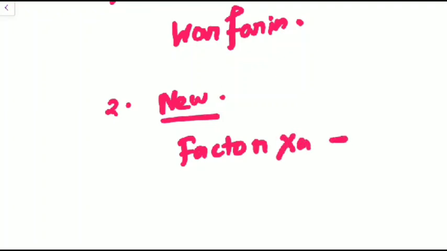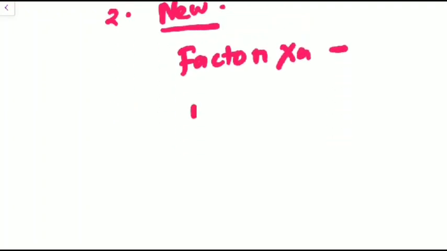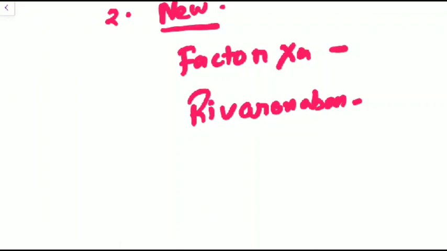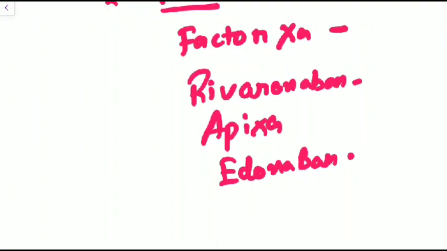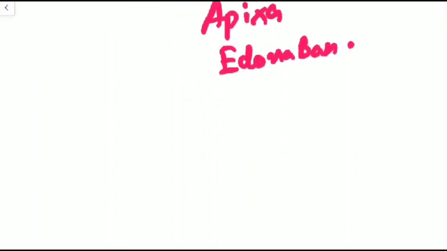Examples are rivaroxaban, apixaban, edoxaban. So you know that the parenteral factor 10A inhibitor is fondaparinux, but the oral factor 10A inhibitors are rivaroxaban, apixaban, and edoxaban.